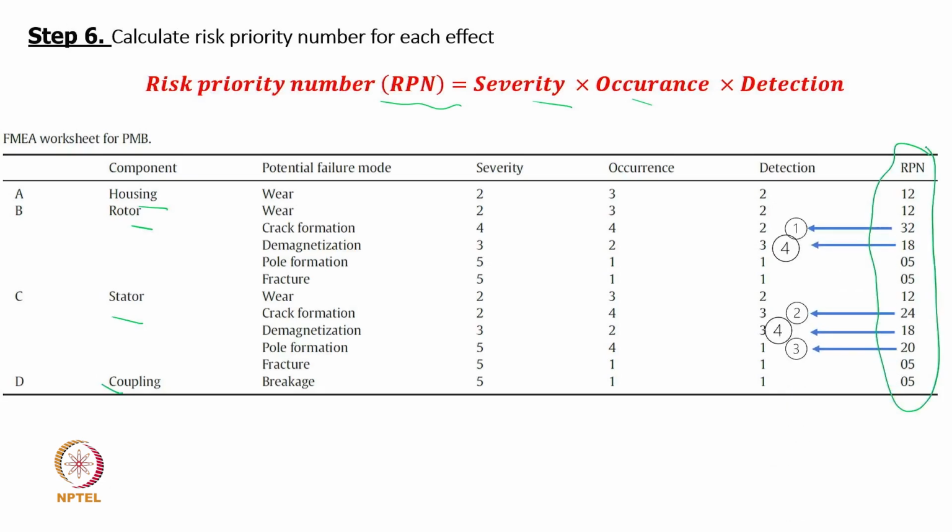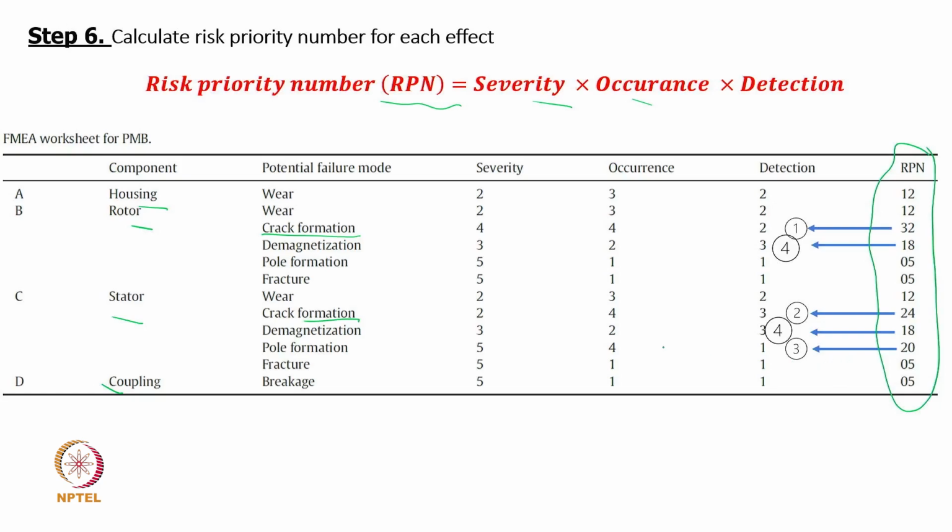If I try to rank, the third one, crack formation, has a very high ranking, 4 into 4 into 2, then comes this 24, number 2, which is again the crack formation in the stator. Even though I mentioned that crack formation in the stator as such was not affecting much, if there is demagnetization plus impacting, that really impacts a lot.